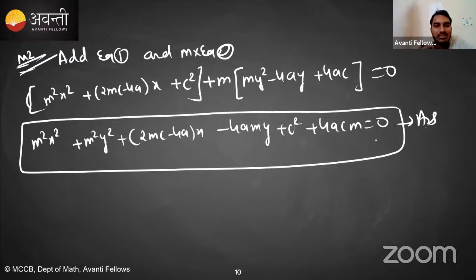So just make sure the coefficients of x square and y square are equal and then add them. You will get the equation of the circle where the diameter ends are A and B. Is this clear? Everyone clear? Is there any doubt in this question? Okay, very good. If it is clear, let's proceed.